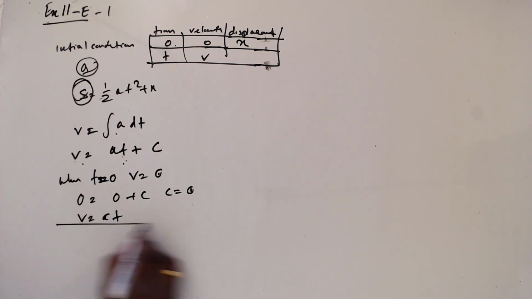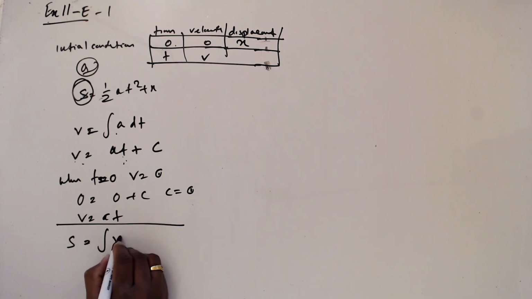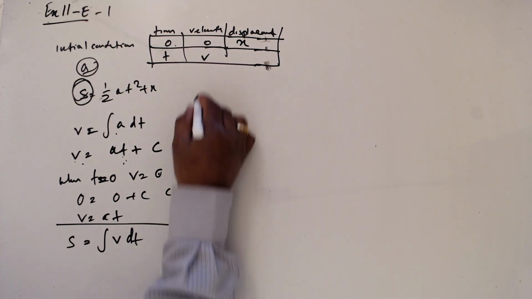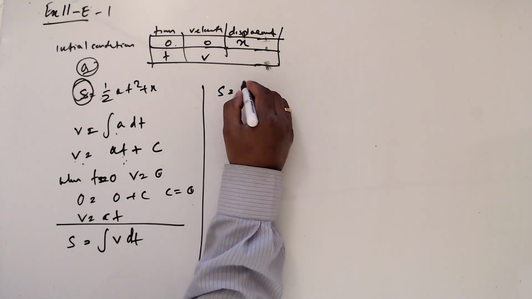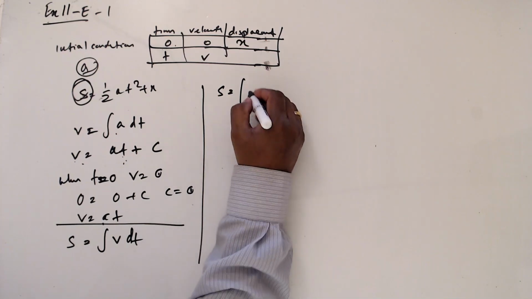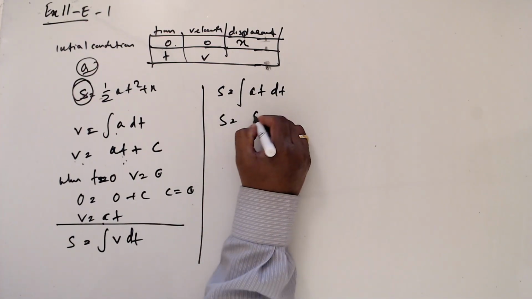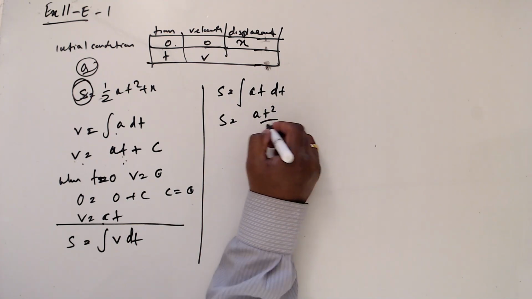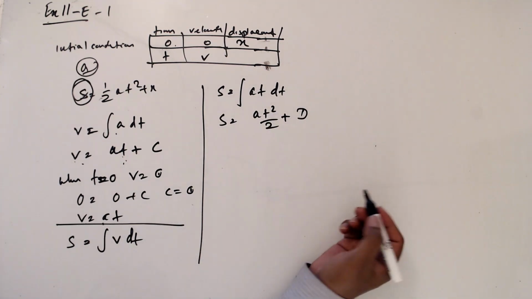Then we want to find s. S we can find when we integrate velocity. Then s is the integral of velocity, which we found is at. So s equals at square divided by 2 plus d.